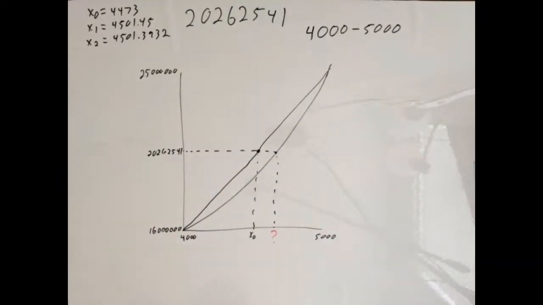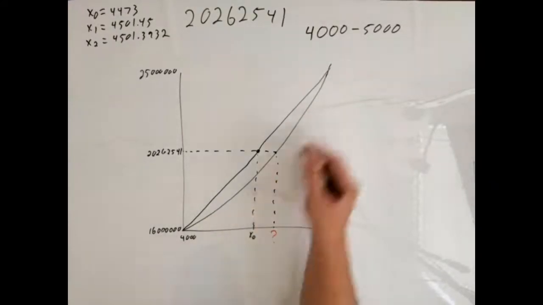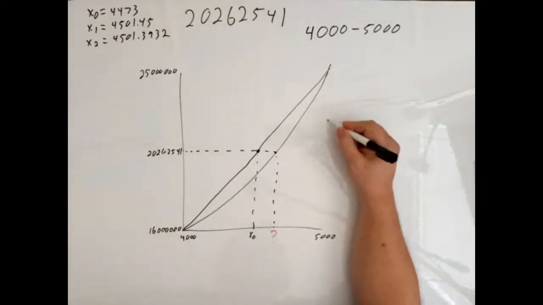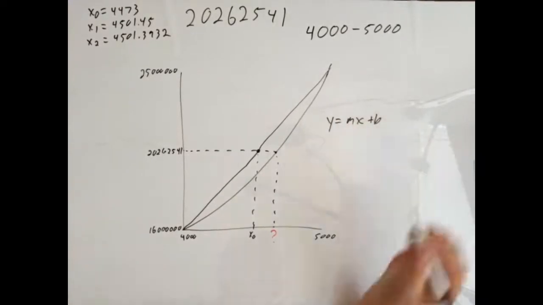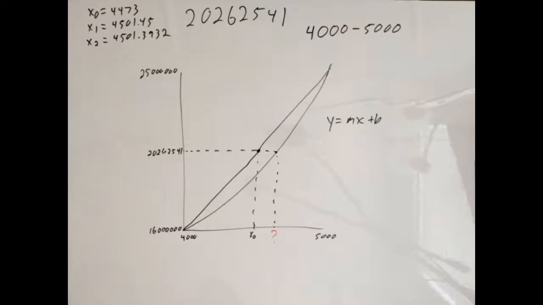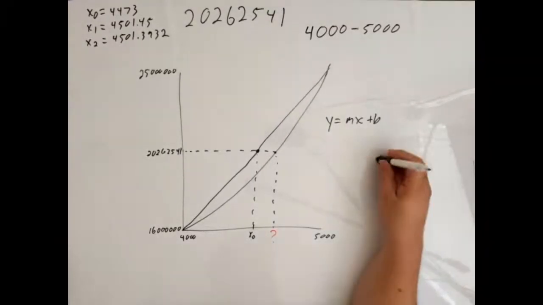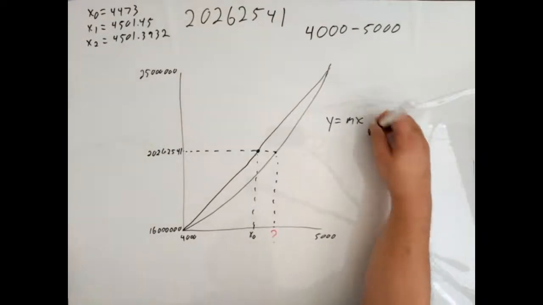So how do we find x0? Well, we need to find the slope of this line. So if we use the formula mx plus b, that's the formula for a line, and we don't really care about the b in order to find the slope, so we're going to ignore that.